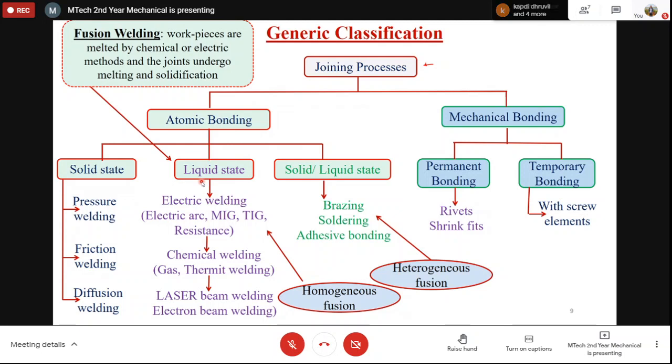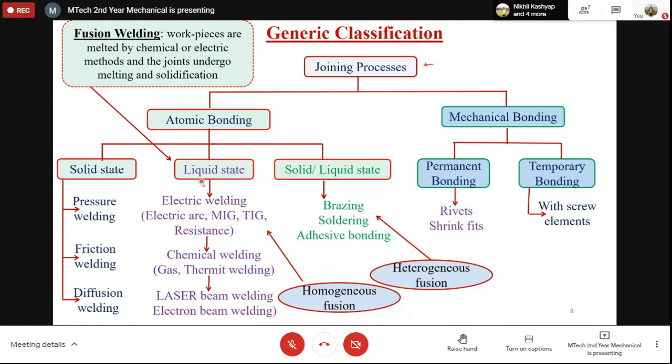Due to heat and friction, the materials reach their plastic deformation stage. They are heated up and get soft, and they are raised to a certain temperature, but they are not melted, not raised up to their melting point. So the material gets soft, and then they deposit over each other. They mix and they form a bond. That type of bonding is friction welding. Similarly, pressure welding is there, and diffusion welding is there.